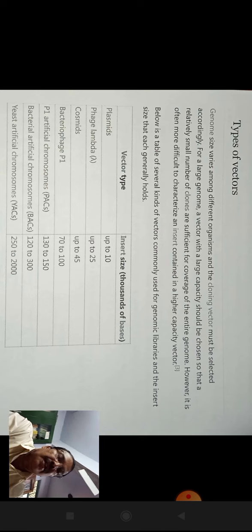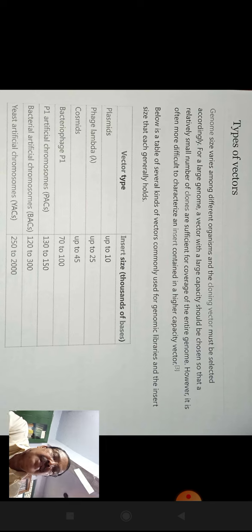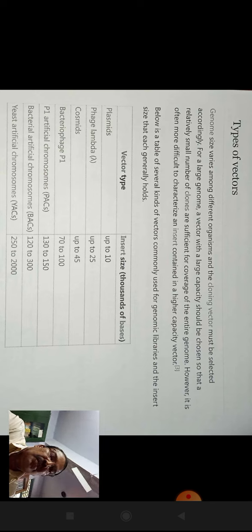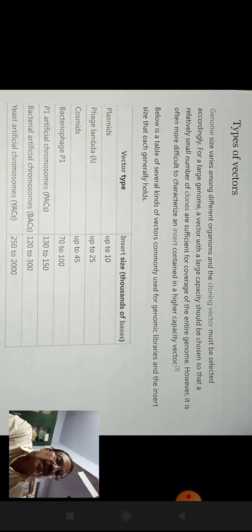Plasmids are up to 10, phage lambda up to 25, cosmids up to 45, bacteriophage P1 70 to 100, P1 artificial chromosome 130 to 150, bacterial artificial chromosome 120 to 300, yeast artificial chromosome 250 to 2000.